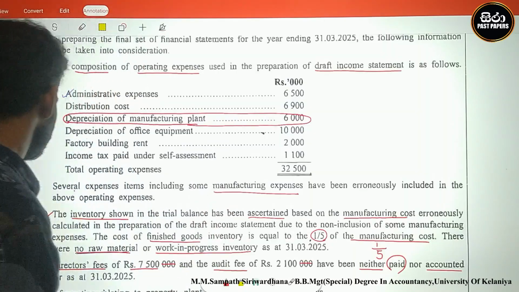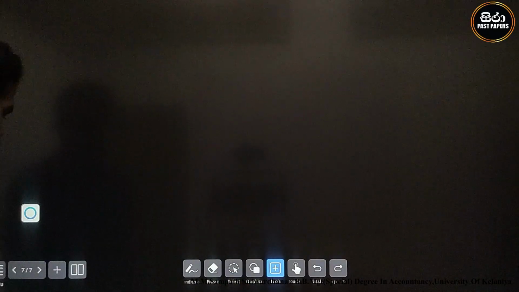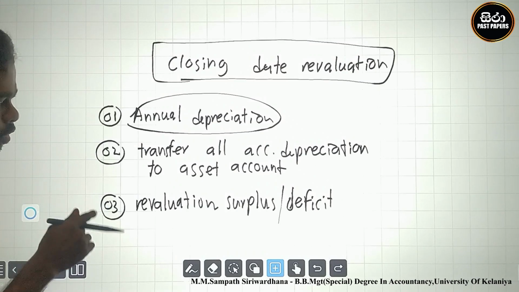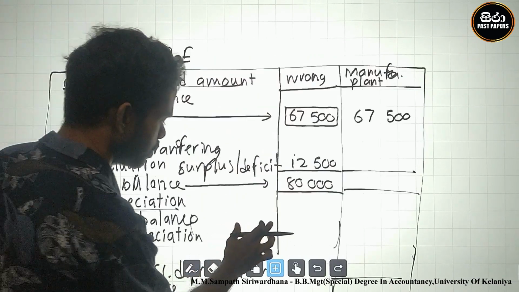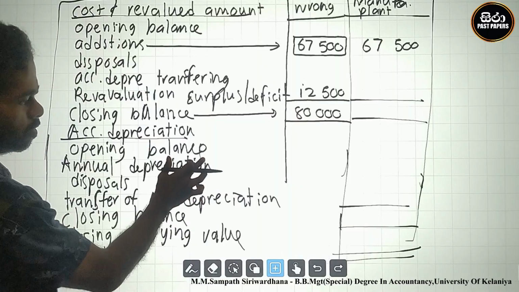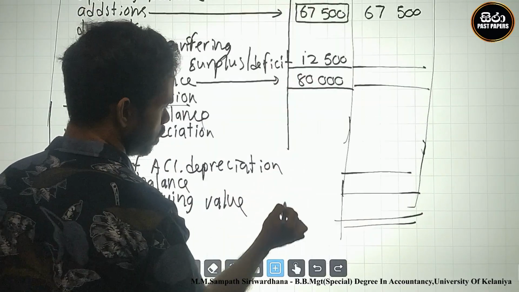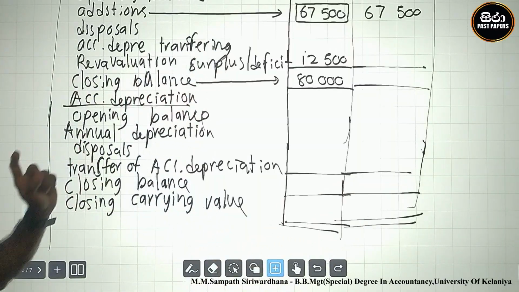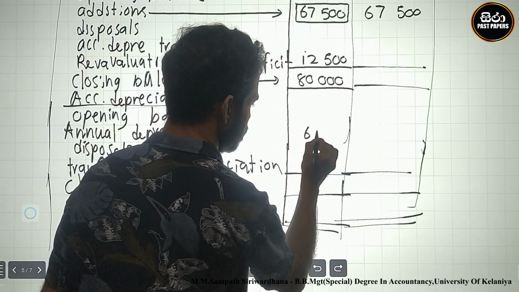Therefore, 6,000. What are the locations? We must add it to where there is annual depreciation. We must identify the annual depreciation. There is an error column. Annual depreciation was 6,000.